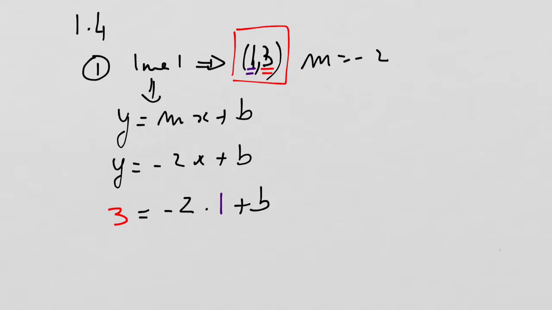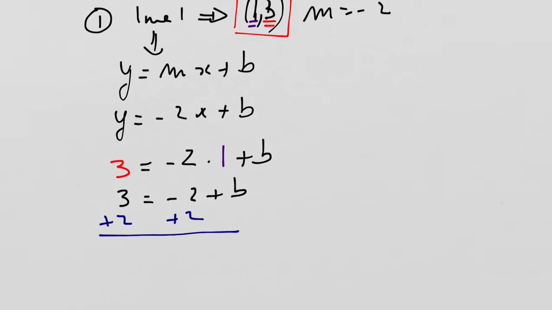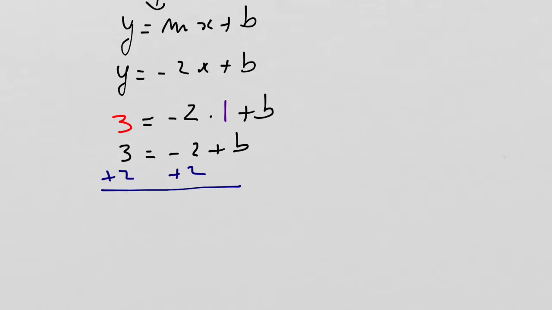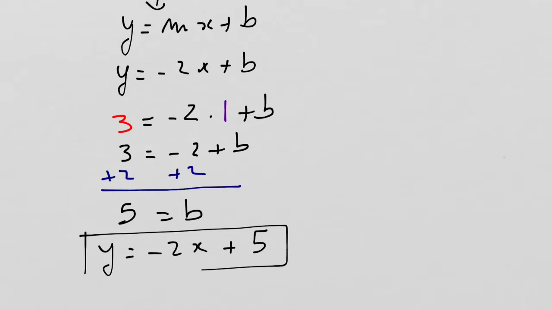At the end of the day, I get 3 equal negative 2 plus b. To find b, I'm going to add 2 to both sides to make b stand by itself, and I end up with b equal 5. And so the equation is y equal negative 2x plus 5.